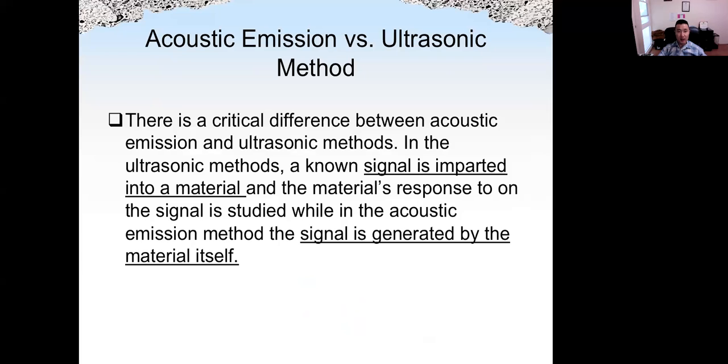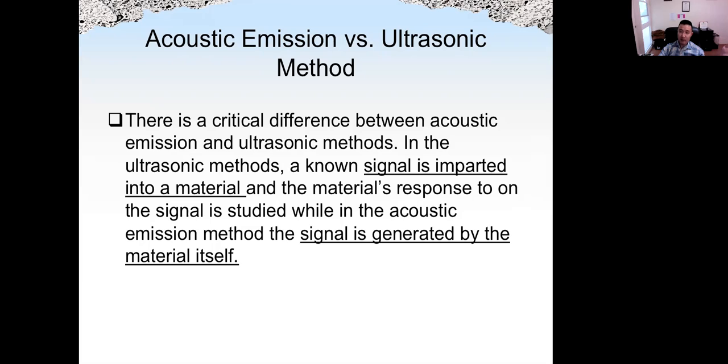The difference between acoustic emission method and the ultrasound method and impact method is that in the ultrasound method, a known signal is imparted into the materials. So for example, a hammer, a chain, or a steel ball. And the material's response to the signal is studied.